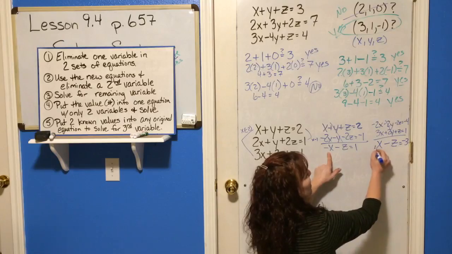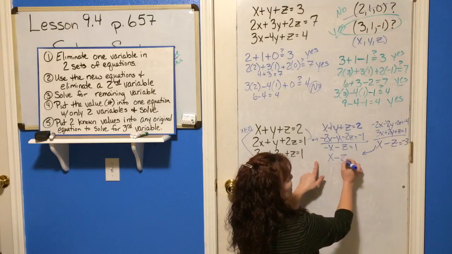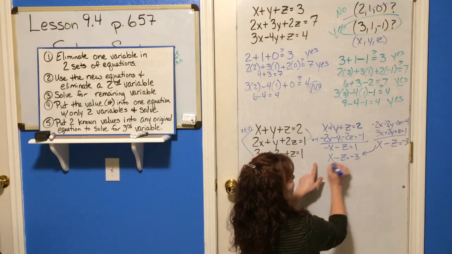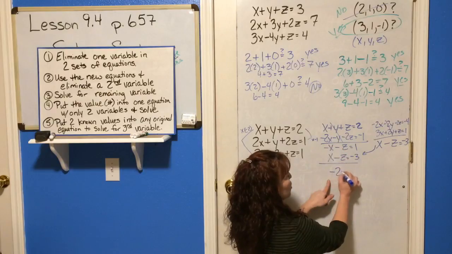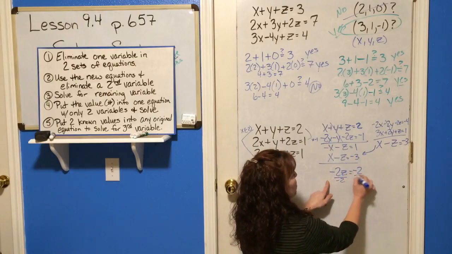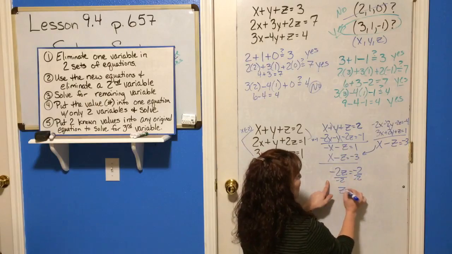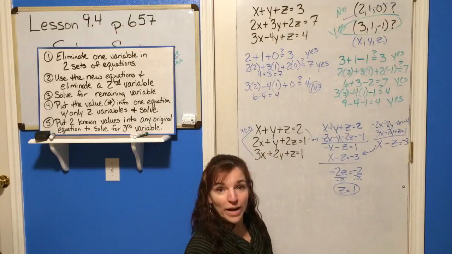So you can just bring this equation right down here under here. X minus z equals -3, and just add those together. The x's will drop out, and you have -2z equals -2. Divide by -2. So z equals 1, and you have one part of your solution already.